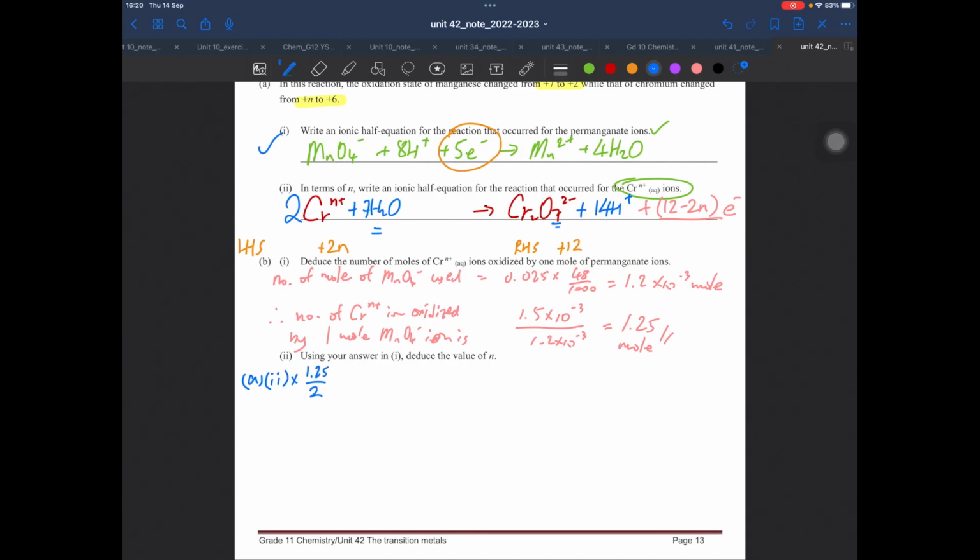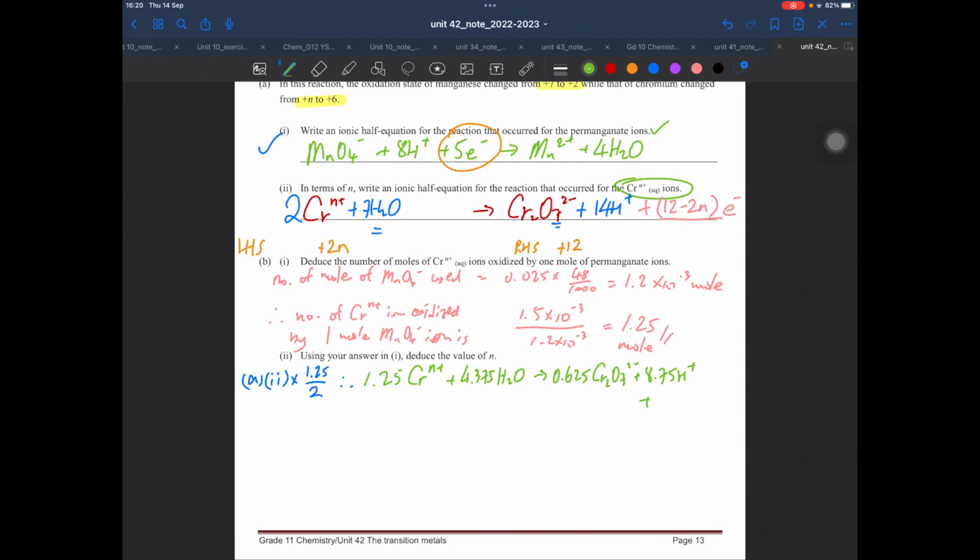Now the coefficient of chromium ion is 1.25, matched with the one in A1. Now the mole ratio between permanganate ion and chromium ion is 1 to 1.25. The new equation becomes like this.